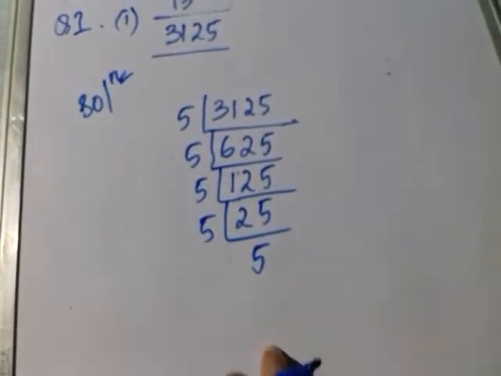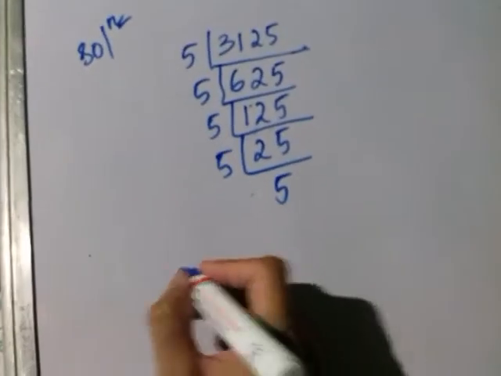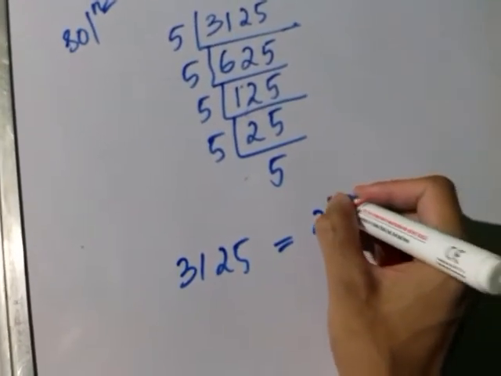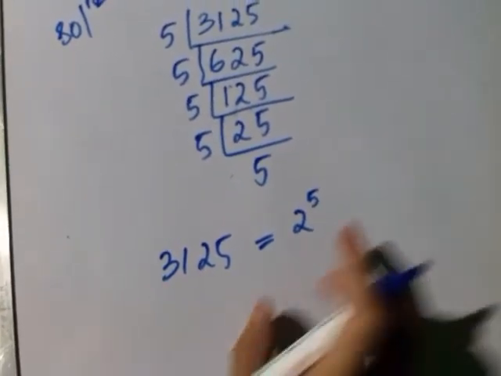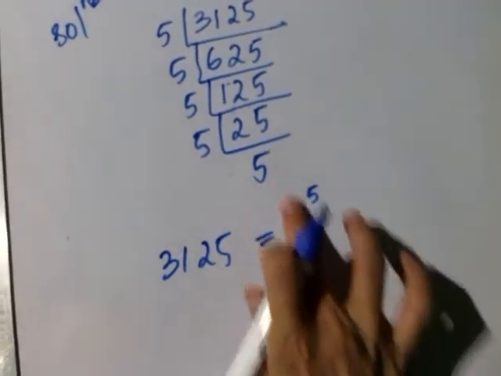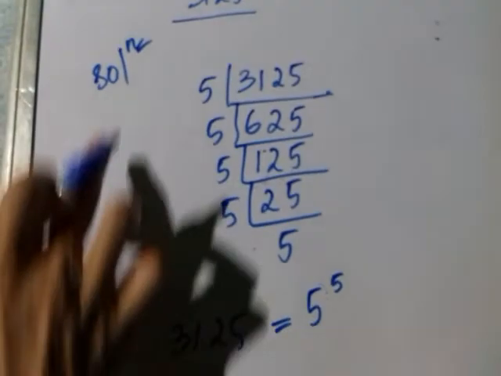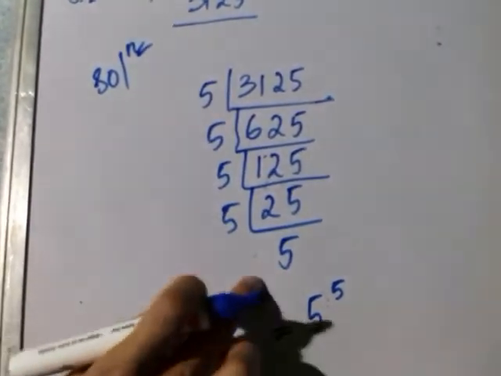So the prime factorization of 3125 is 5 to the power 5, sorry, not 2 to the power 5, that means there are five 5s: 1, 2, 3, 4, 5.